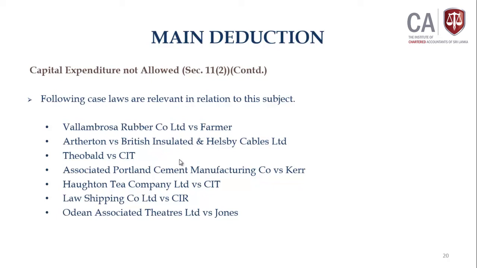The normal repair is revenue in nature, but accumulated repair incurred due to the neglect of the previous owner is a cumulative repair. It is a capital cost. It is a part of capital, part of purchase consideration. Therefore, you can claim that expense. So, I would like you to please go through the relevant cases in detail in your study pack and update yourself on this very important area. Okay.